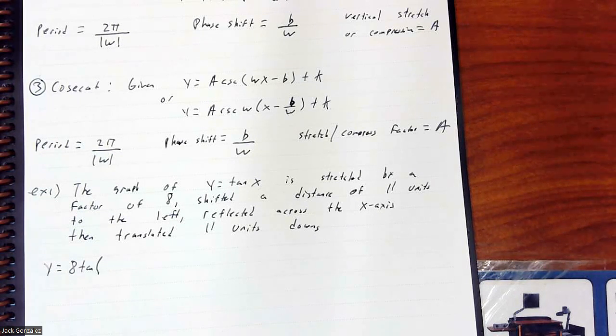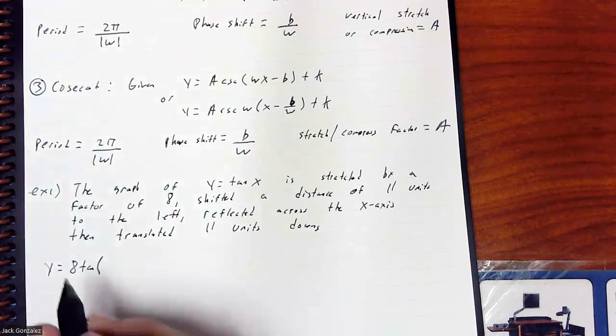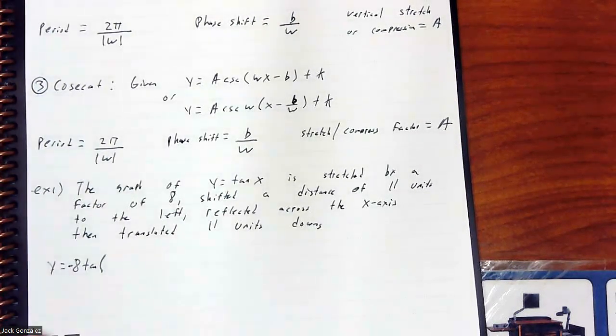So same ideas. They said they reflected across the x, that means I need a minus in front, not just regular 8. So the 8 doesn't stretch. Reflection needs to be minus. So we should put a minus right here. Okay, so far we got the stretch and the reflection.